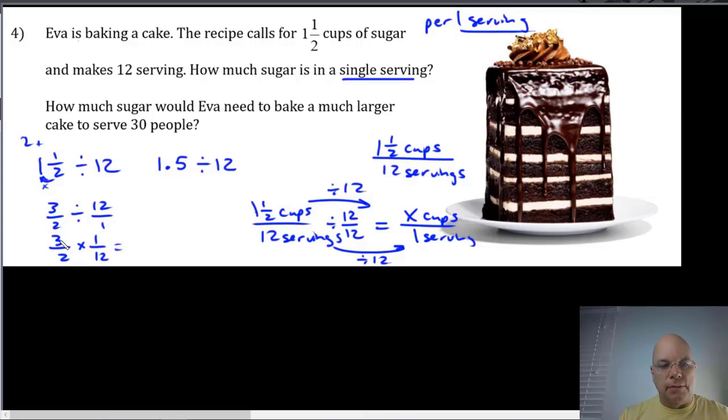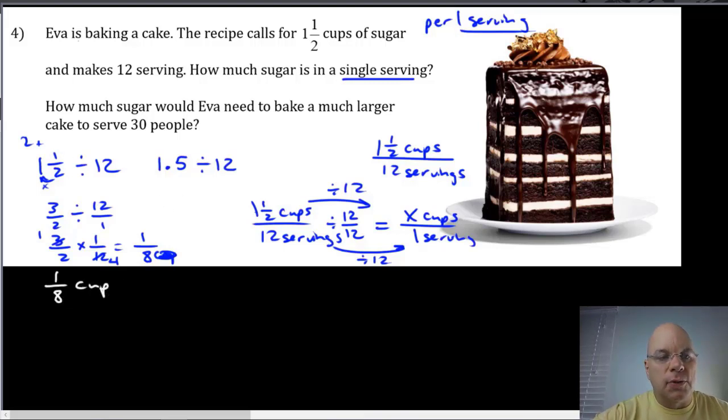Before I multiply, I see a common factor of 3. 3 divided by 3 is 1, and 12 divided by 3 is 4. 1 times 1 is 1, and 2 times 4 is 8, so 1/8 cup per serving.